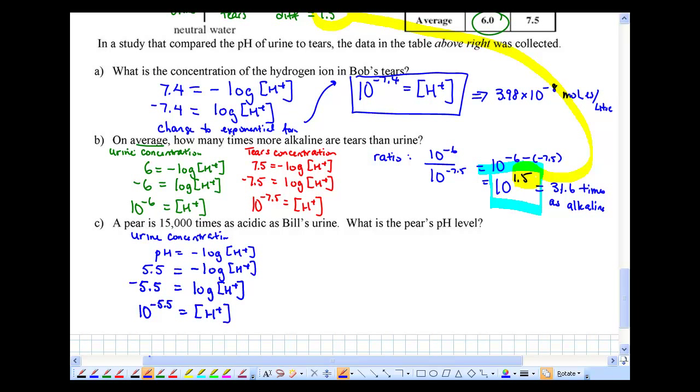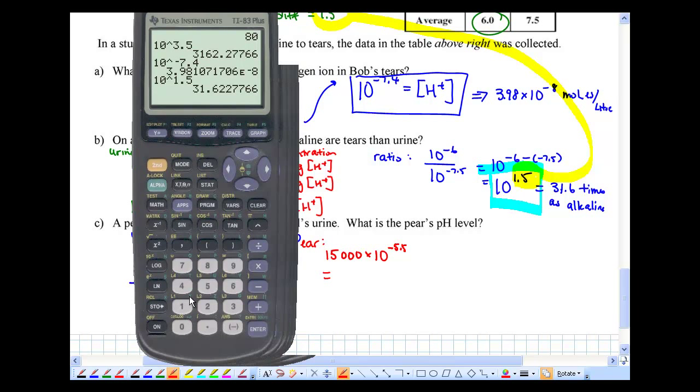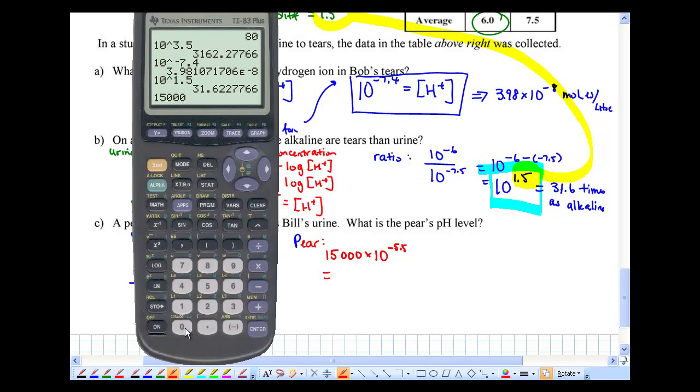And because the pear is 15,000 times more acidic, I'm going to take 15,000 and multiply that by 10 to the negative 5.5 to show its hydrogen concentration level, which would be really, really acidic. So what would that actually be? 15,000 times 10 to the power of negative 5.5.